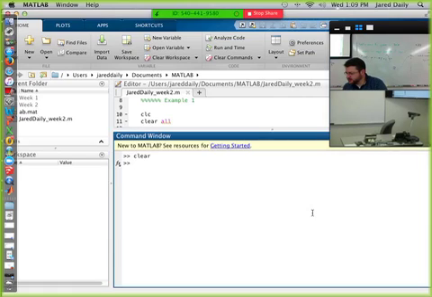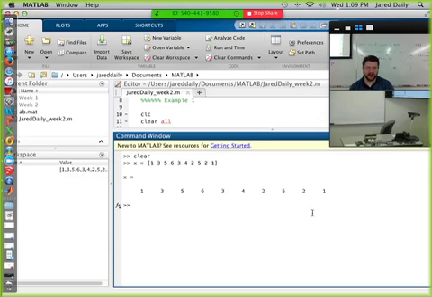Let's just do a simple one. So we have x equals, build an array, just some numbers, that's fine. So there's my array: 1, 3, 5, 6, 3, 4, 2, 5, 2, 1.